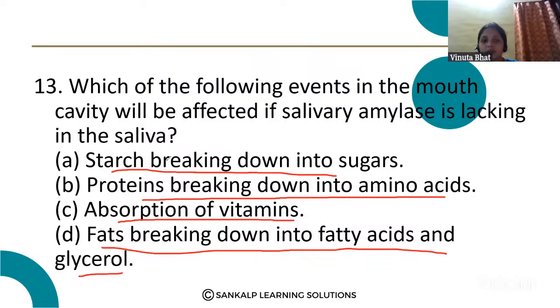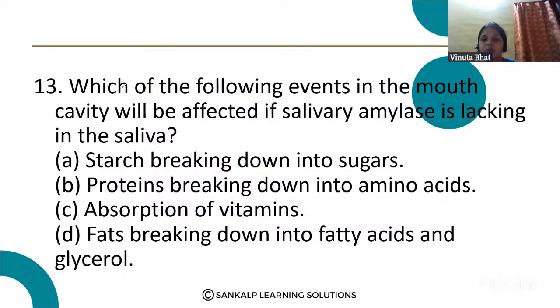What is the function of the salivary amylase enzyme? It breaks down the starch into sugars. So proteins will not be affected, absorption of vitamins is also not affected, and fats breaking down into fatty acids and glycerol is also not affected. Option A, starch breaking down into sugars, is affected.